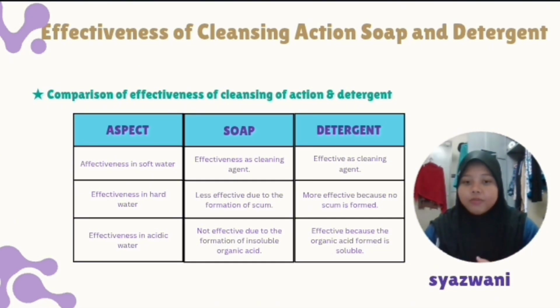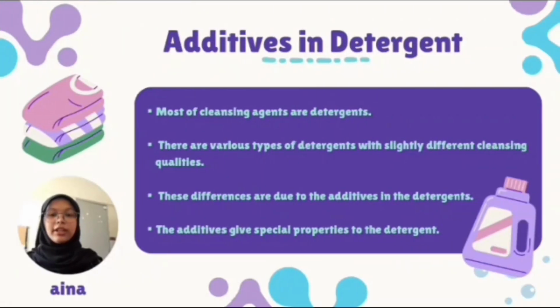The third aspect is effectiveness in acidic water. Soap is not effective due to the formation of insoluble organic acid, but detergent is effective because the organic acid formed is soluble.